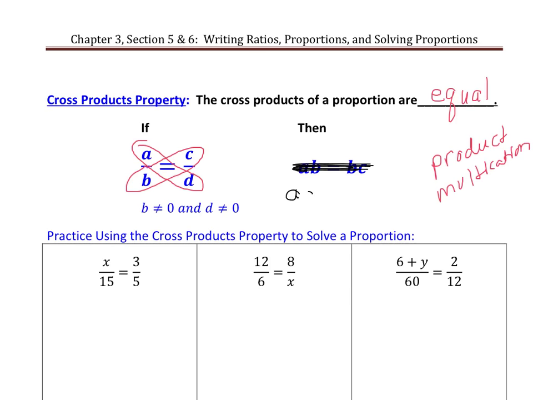A times D, that product, is equal to B times C. So you're basically multiplying up here B times C and A times D, and they are equal. Those are called the cross products. Very helpful when solving proportions.